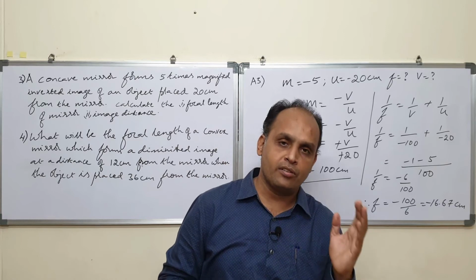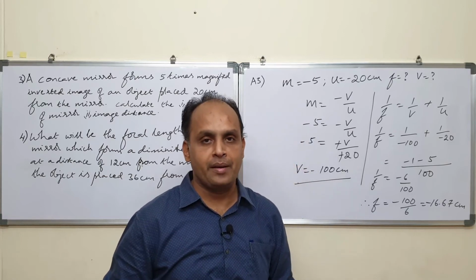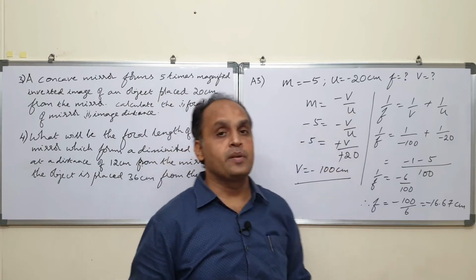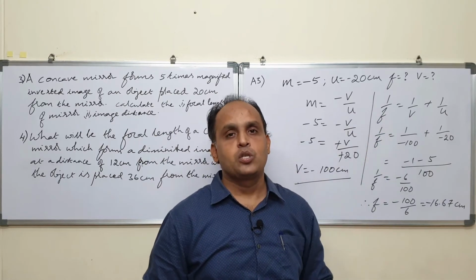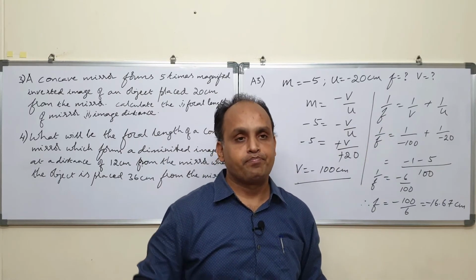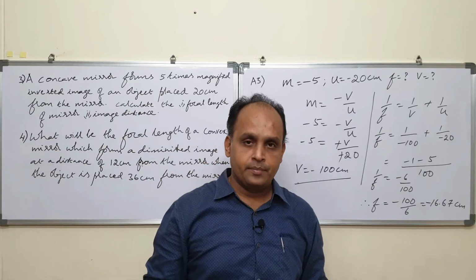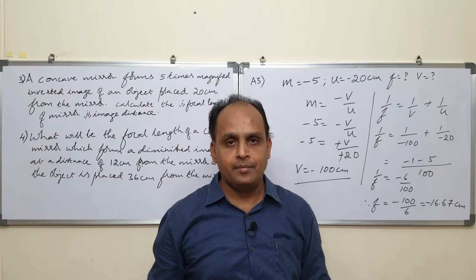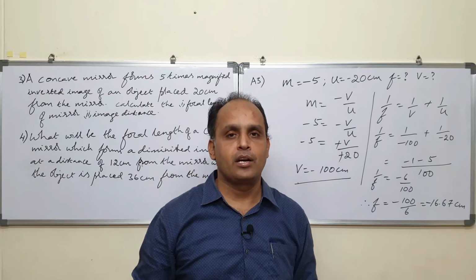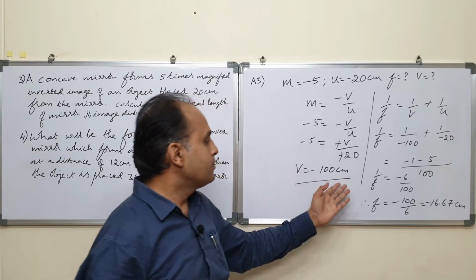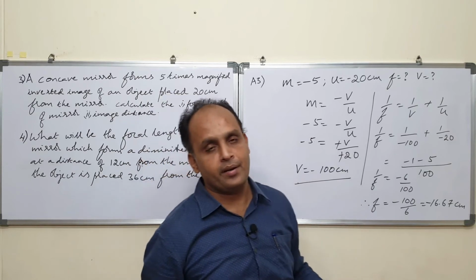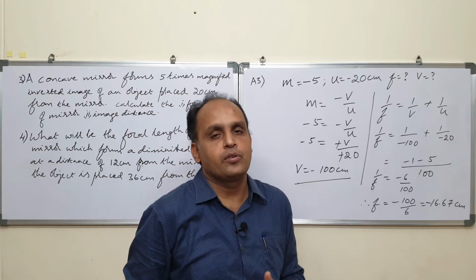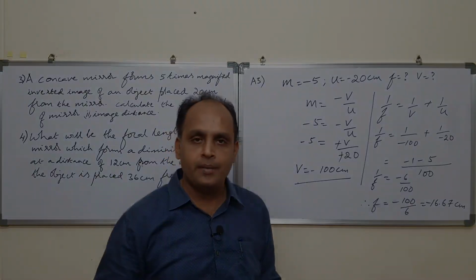Then center of curvature will be at 34 centimeters. Object is between C and F, because 20 centimeters is the object distance. So image should be formed beyond C, which is more than the center of curvature's distance, which we got as minus 100 centimeters. So we are correct. This is a different way of doing the sum.